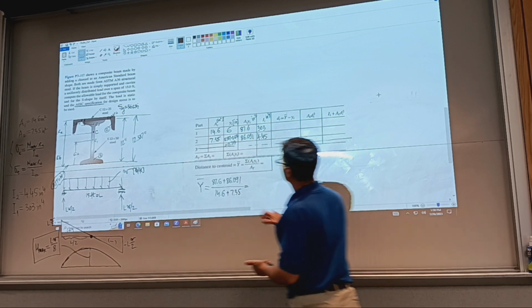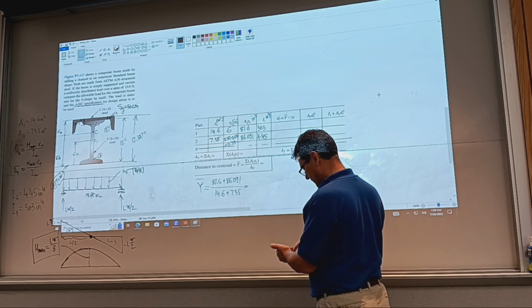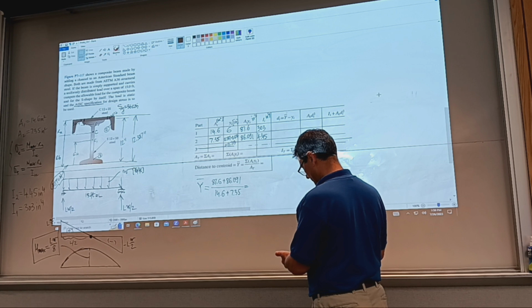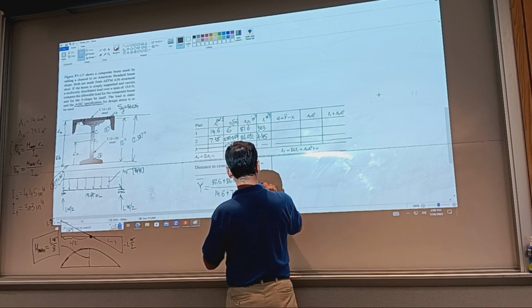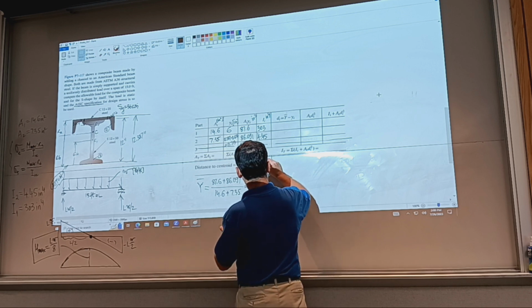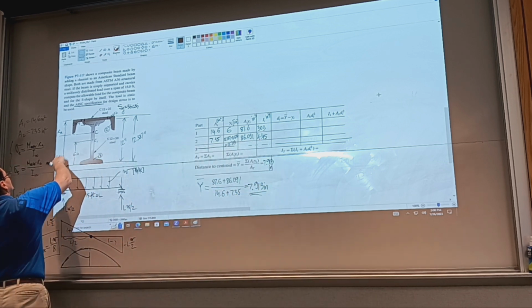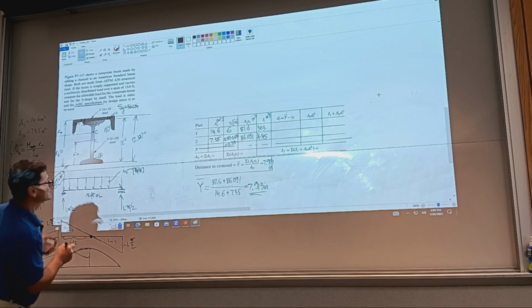So this is 7.913 inches. I can write it here, 7.913 inches. On the figure, it's going to be CB.